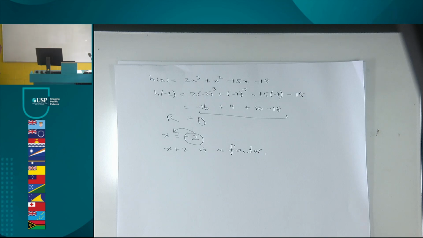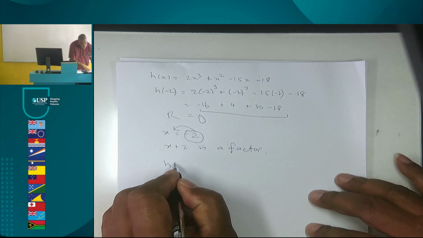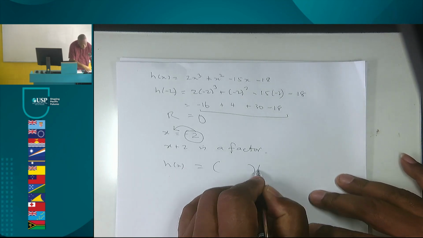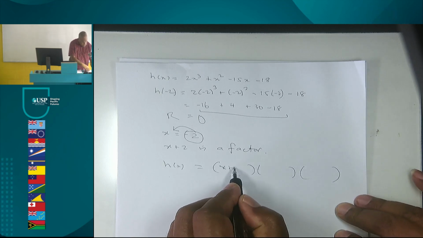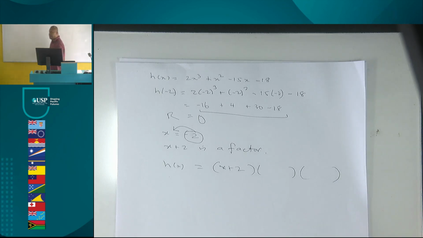So now we've got one factor. But we know that h(x) has got to have three. At least we know one. How do we find the other two? Well, we can keep substituting the factors of negative 18, but that can be quite a long exercise.